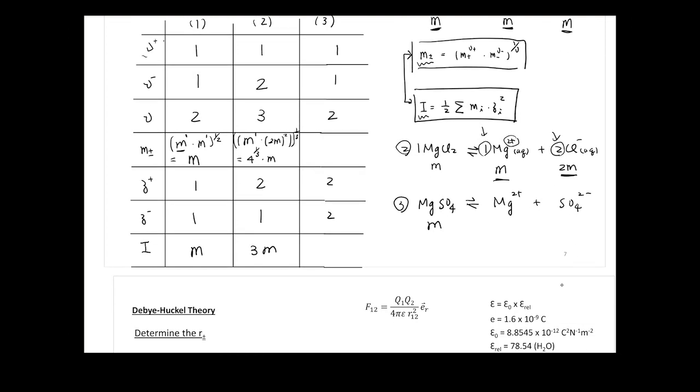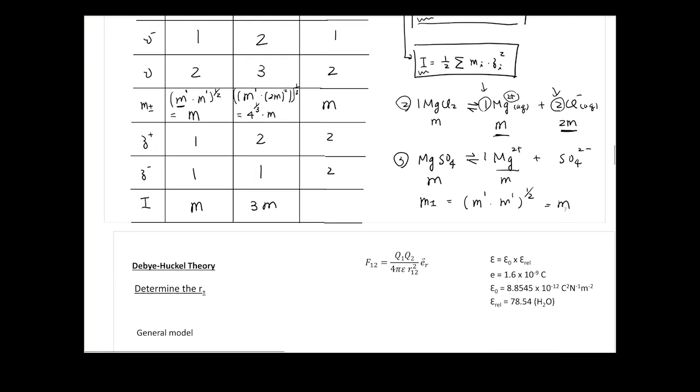Again, when you calculate your m±, it will be equal to m to the first power times m to the first power, so your m± is still equal to just m.